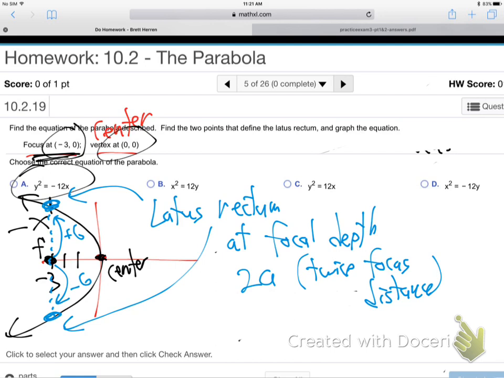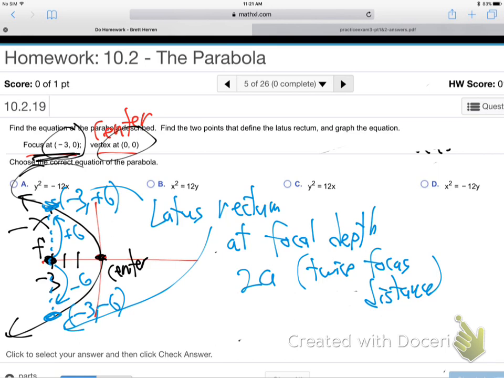So this is the point up here, this is the point. Back 3, up 6. This is the point. Back 3, down 6. The latus rectum points are always out at the focal depth, double whatever the focus was. Negative 3, 6, and negative 3, negative 6. Where'd I get the 6? Double the 3.